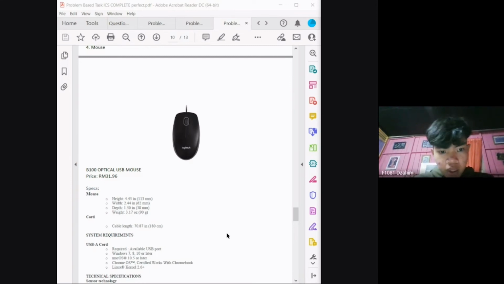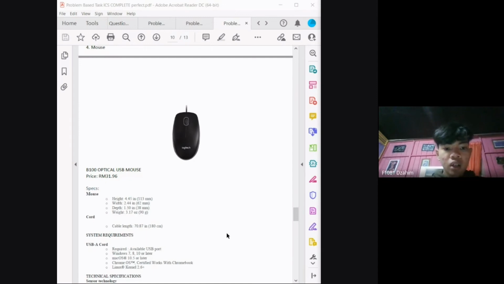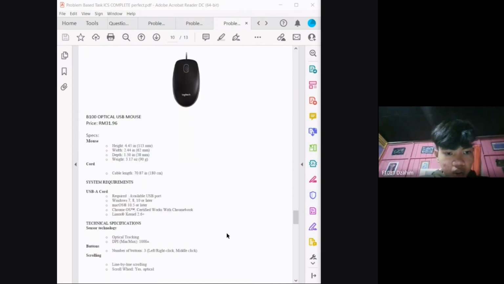The weight is 3.17 oz, which is 19 gram. The cord cable length is 17.87 in, 180 cm.